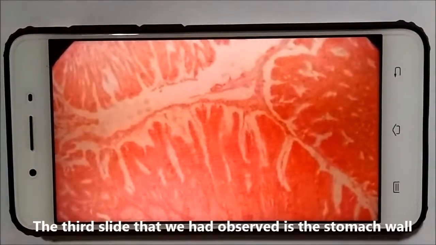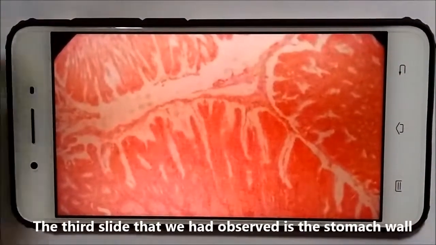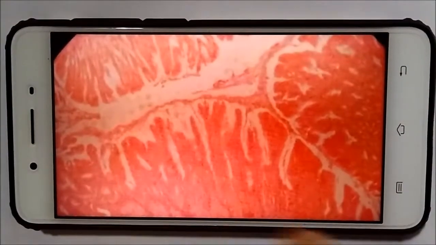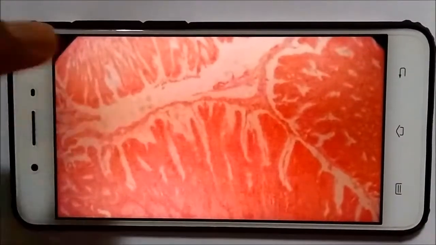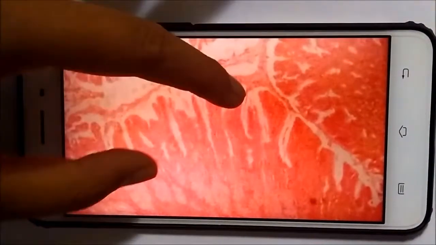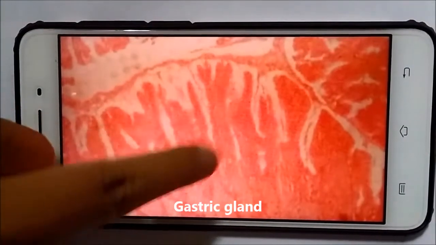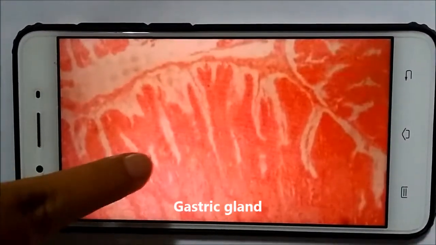And the third slide that we had observed is the stomach wall. This is basically the structure of the stomach, and from here we can identify the gastric gland. The white thing here is a gastric gland.